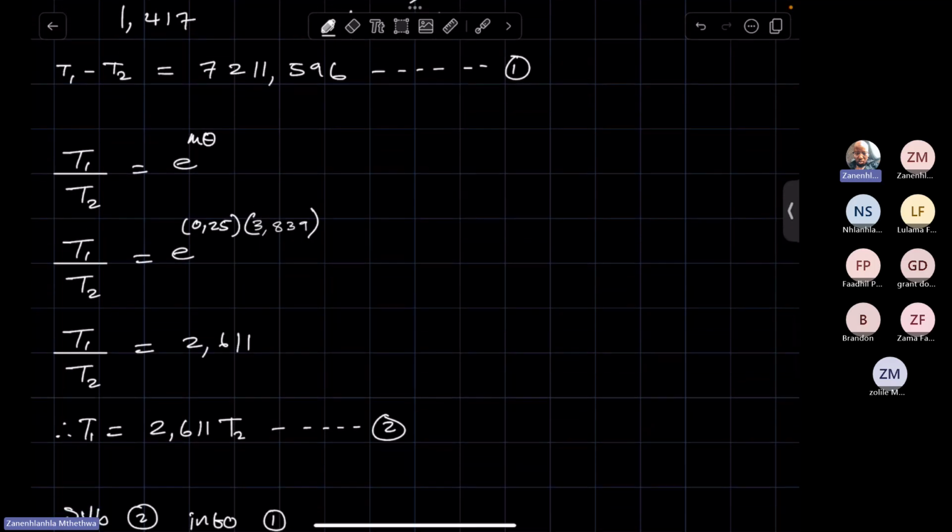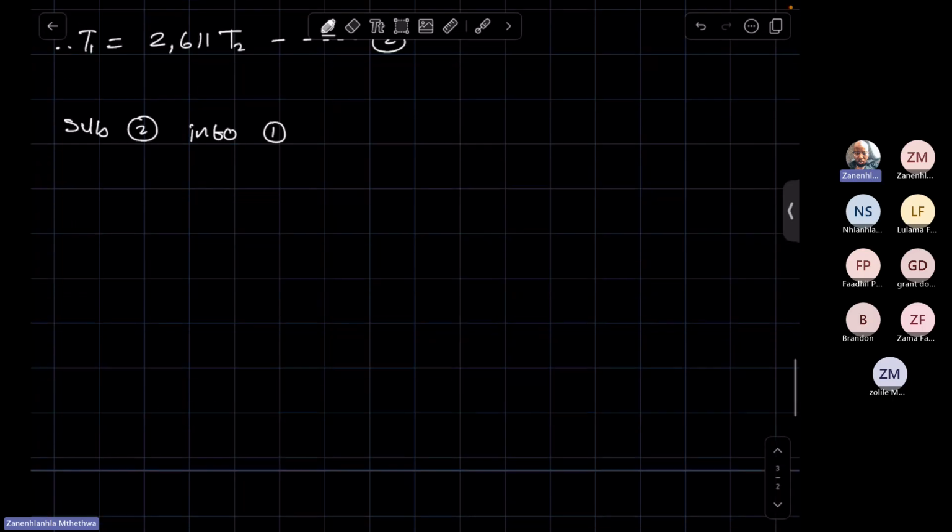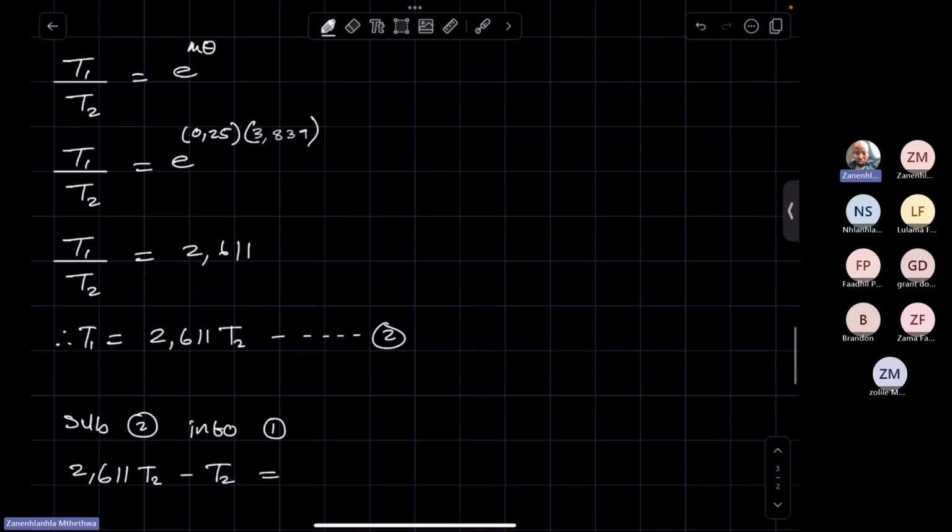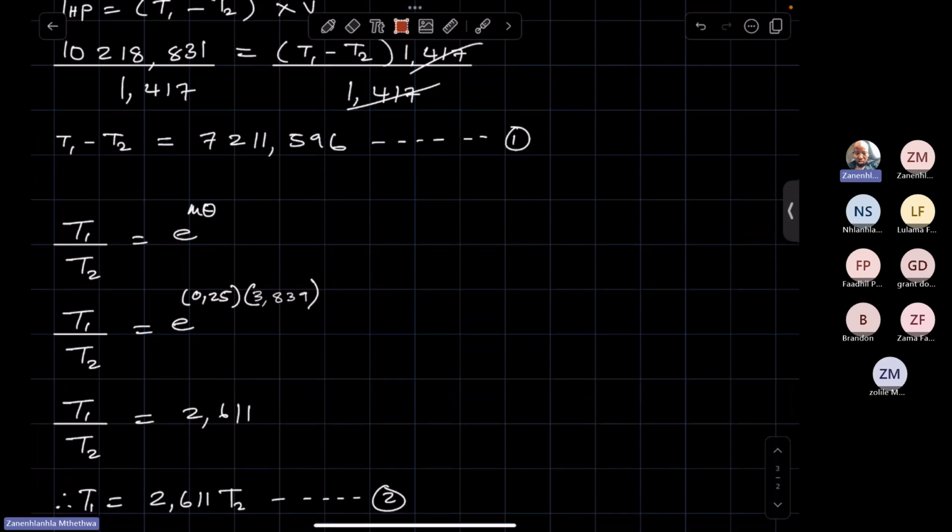So we substitute equation 2 into the first equation. Now, equation 1 is T1 minus T2. T1 from the second equation is 2,611 T2, right? So essentially you have 2,611 T2 minus T2 is equal to the 7211,596.